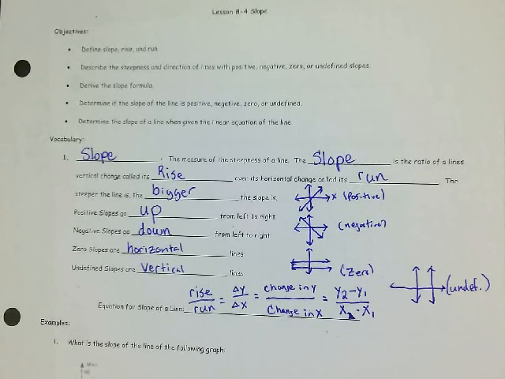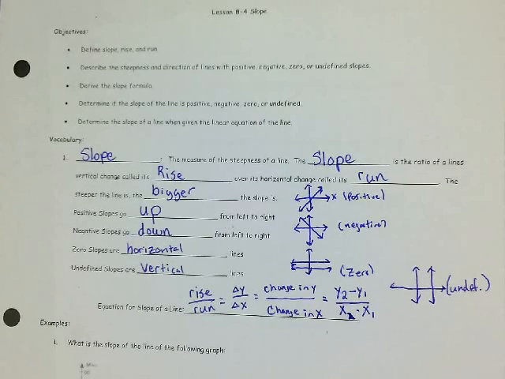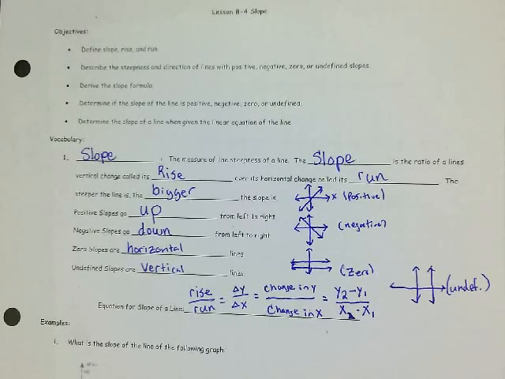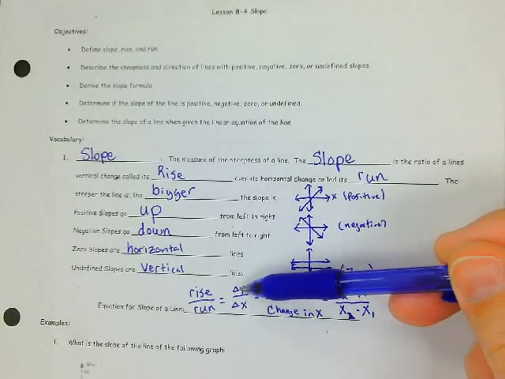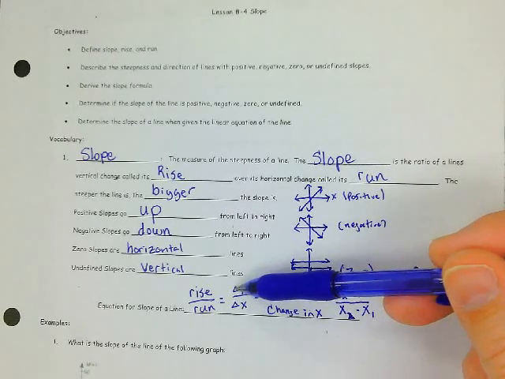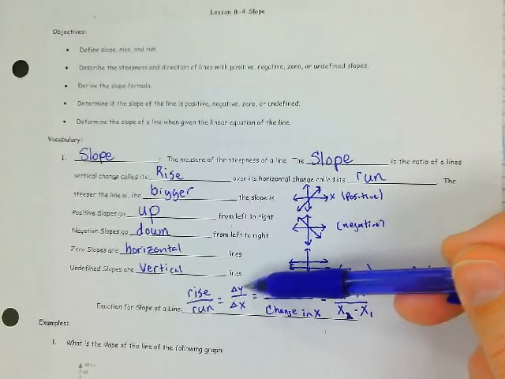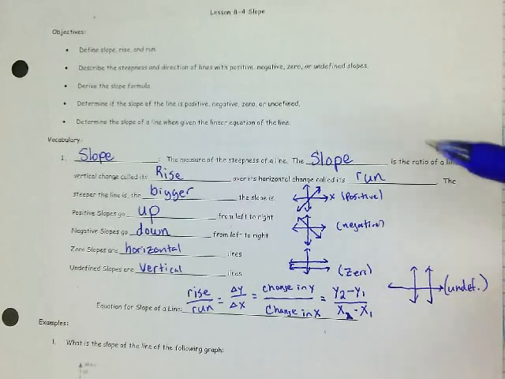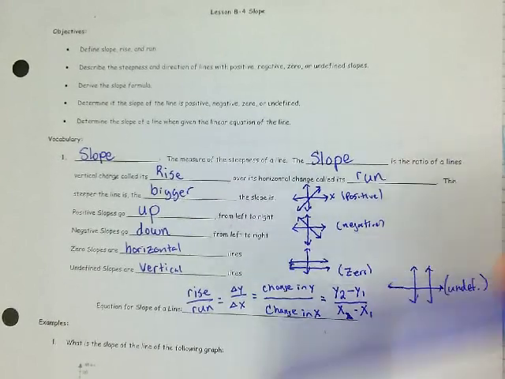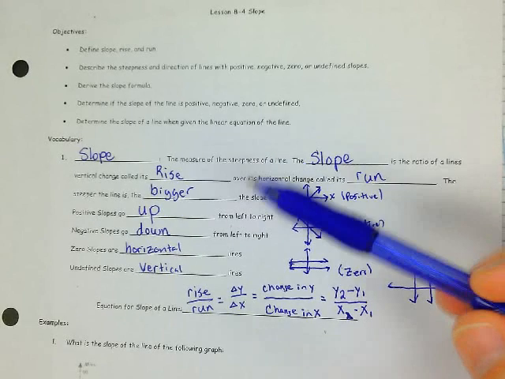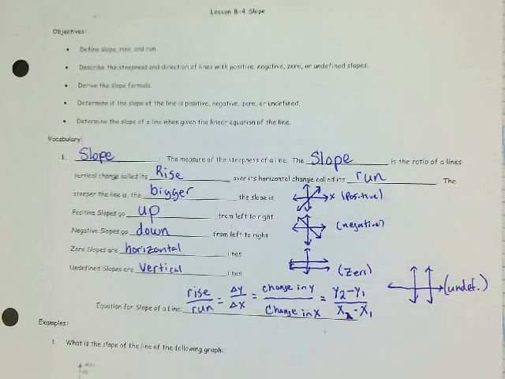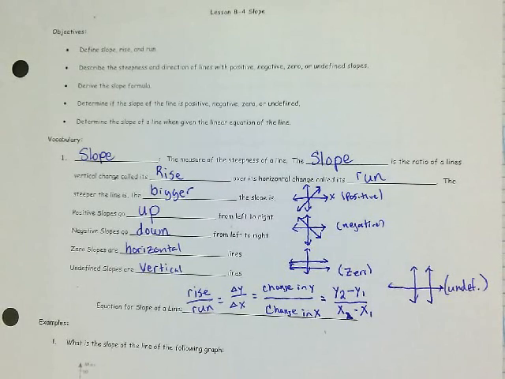So what you have to remember, because there are some questions on your Apex today that say, what does the rise mean? The change in your y values. We use the Greek letter delta to mean change, so delta y over delta x. That's what you use in upper level math. So that's change in y over the change in x. Any questions?